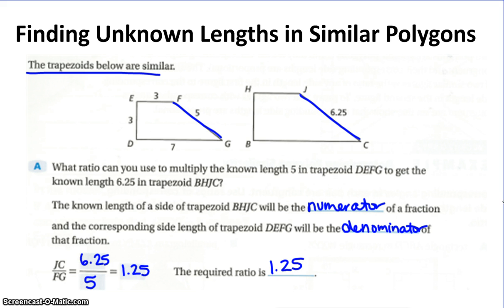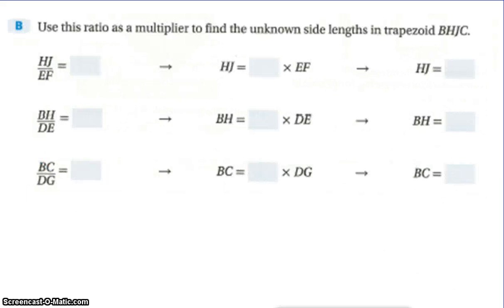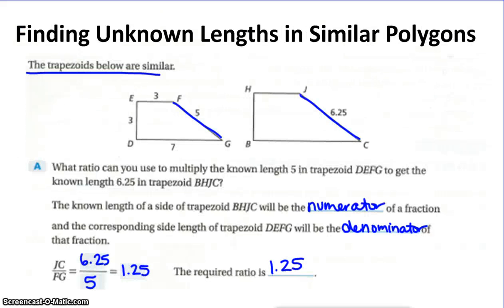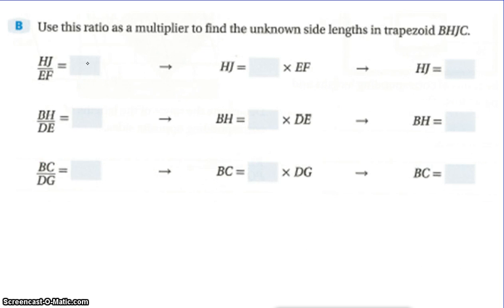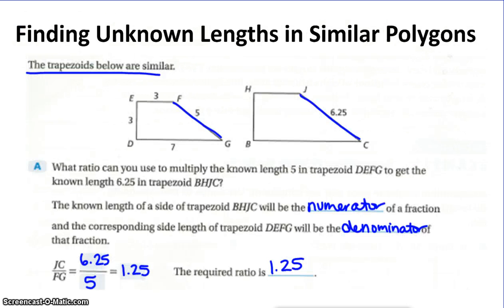So now what we can do is go back and find all of the missing sides. Do you see this right below part B? Okay, so the first one we're going to do is HJ over EF. That has to be the ratio of 1.25. Has to be, because they're similar. In fact, all of these are going to be 1.25 because similar polygons have the same ratio.